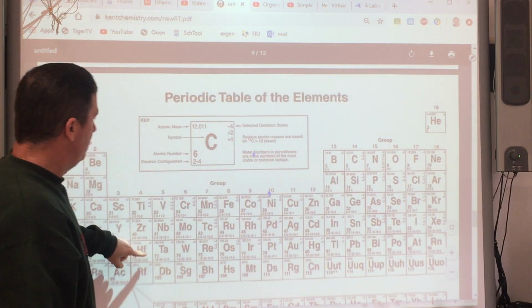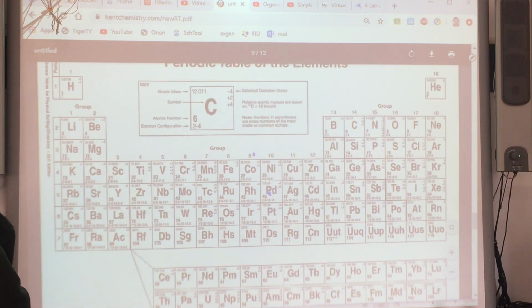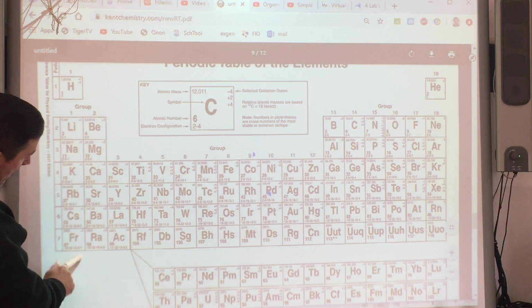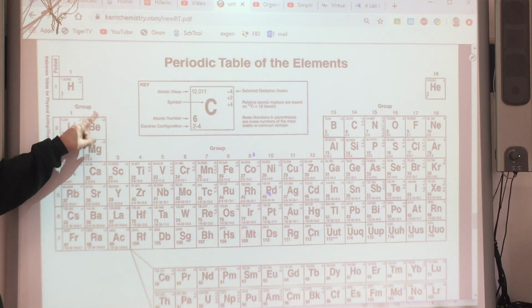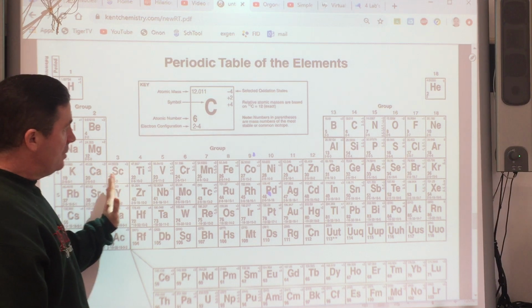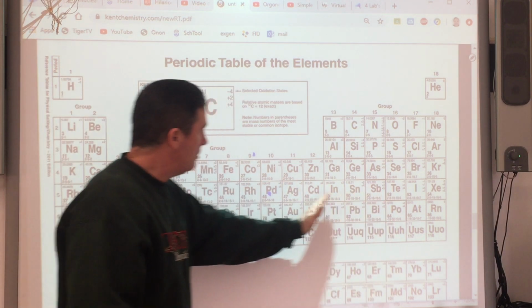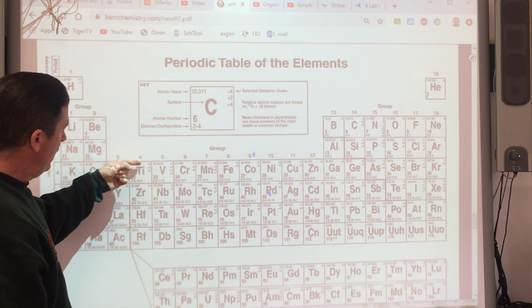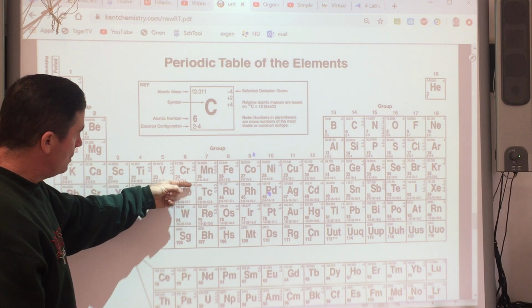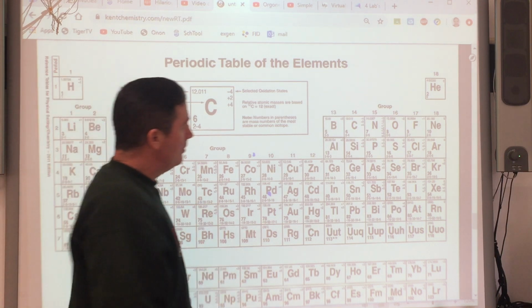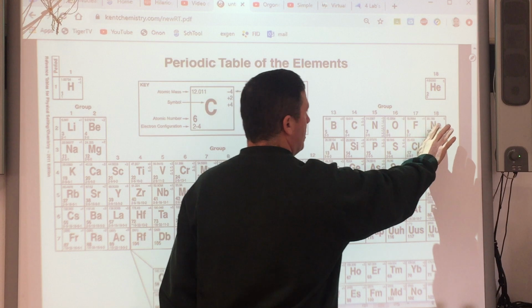So, for example, if we go over here to group 1, every one of them has a positive 1. Group 2 has a positive 2. These are the transition metals. Transition metals tend to have multiple oxidation states. Not all of them. When we get over here, it gets more predictable.